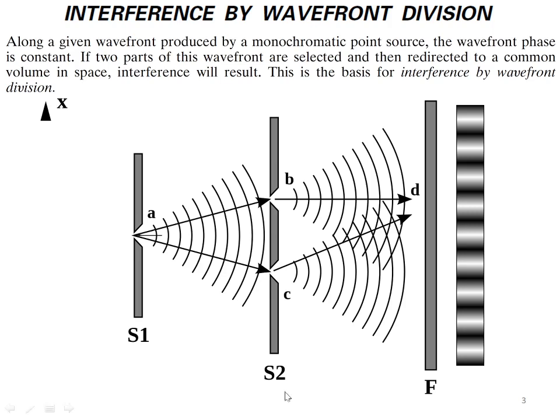So these two sources, if we go back to Huygens principle, can be seen as two point sources, but now derived from the same source. These two sources have the same frequency, same wavelength, and of course the same phase as well, because they are derived from two points on the wavefront of the same source.